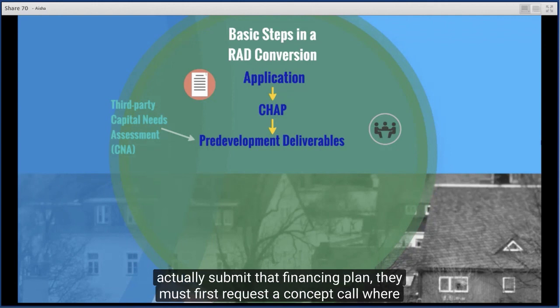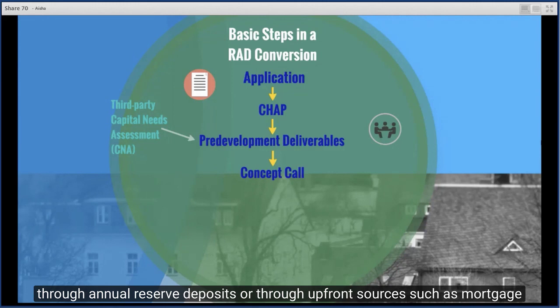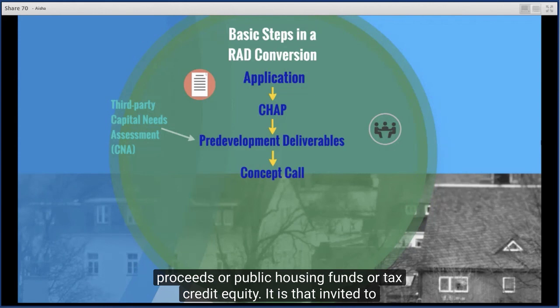Before a PHA can actually submit that financing plan, it must first request a concept call, where it explains how it plans to address the capital needs over the 20 years, whether through annual reserve deposits or through upfront sources such as mortgage proceeds or public housing funds or tax credit equity.